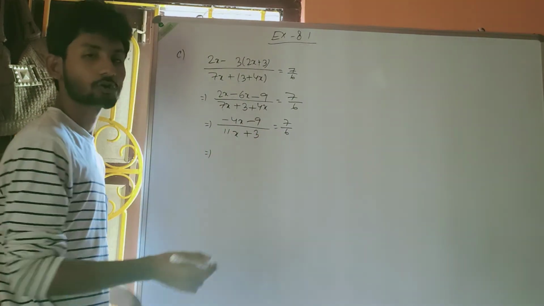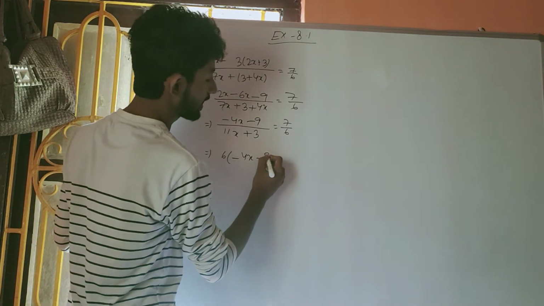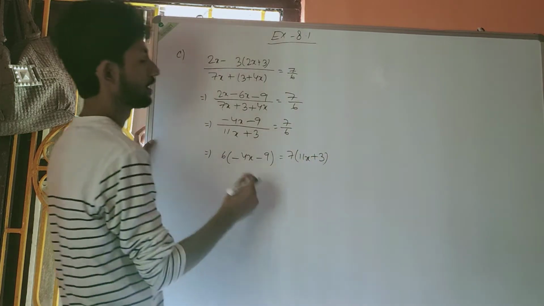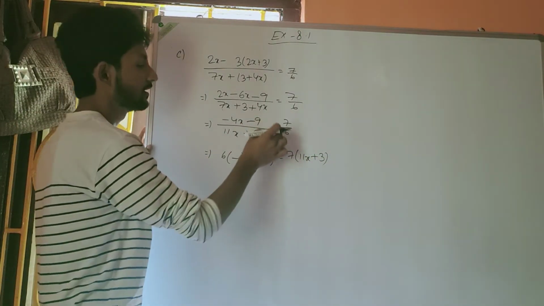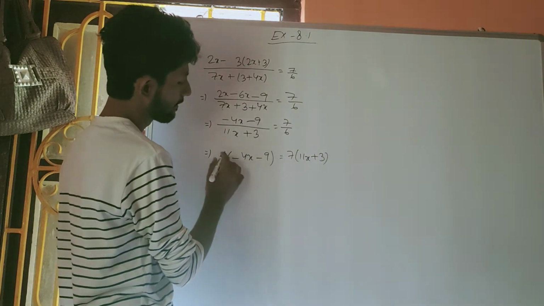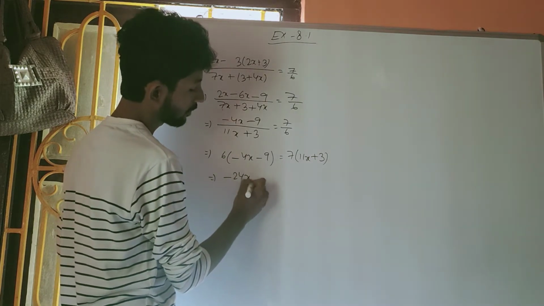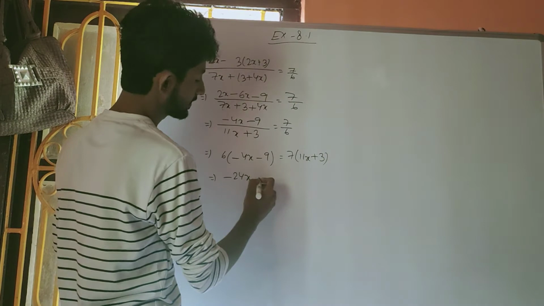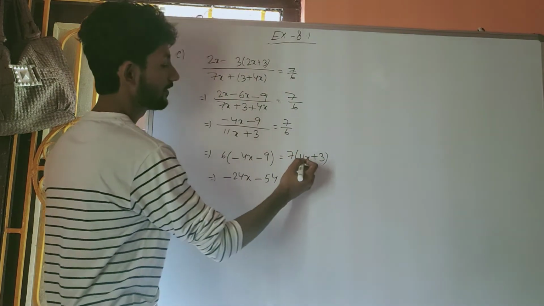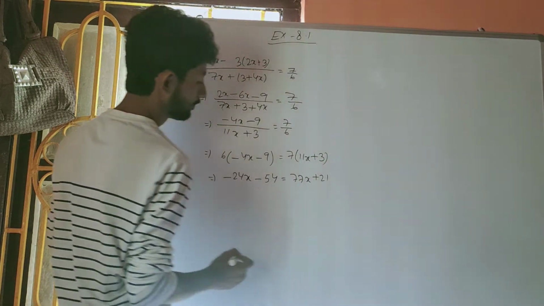So here the cross multiplication of 6 will be multiplied with minus 4x minus 9, and 7 will be multiplied with 11x plus 3. This portion will be multiplied with 7, this portion will be multiplied with 6. So in that case, plus minus minus, 6 4s are 24, plus minus minus, 6 9s are 54, 7 into 11 is 77x, 7 into 3 is 21.